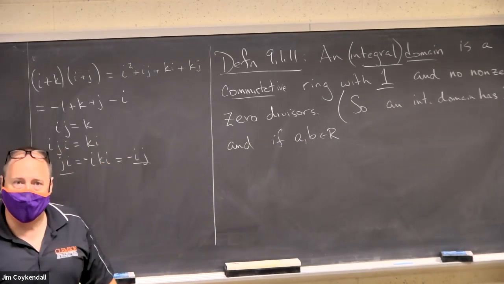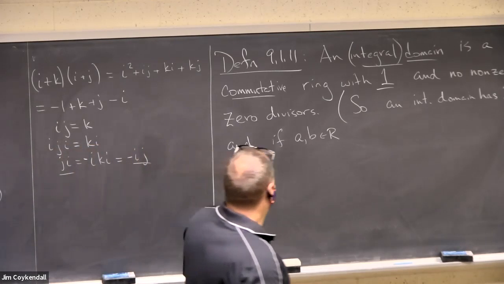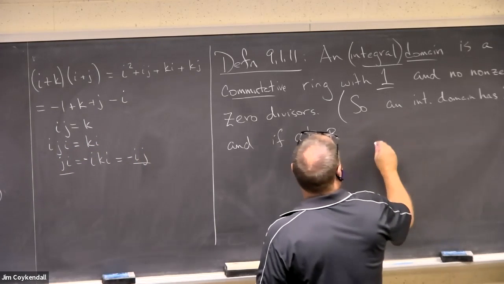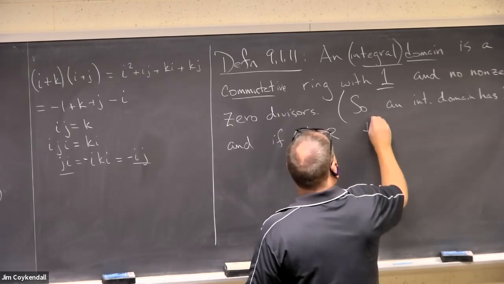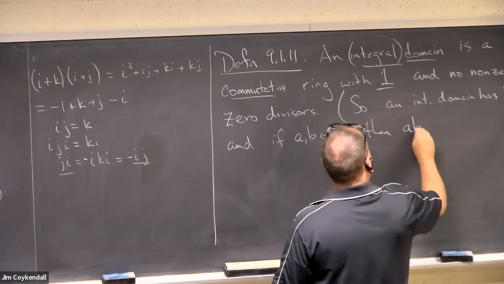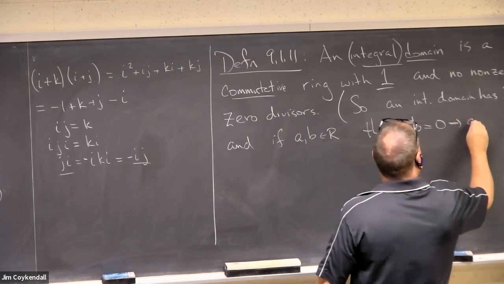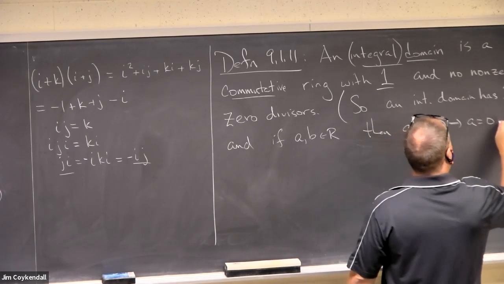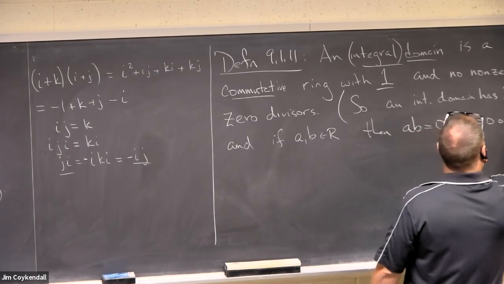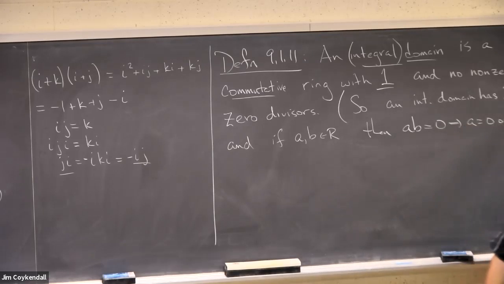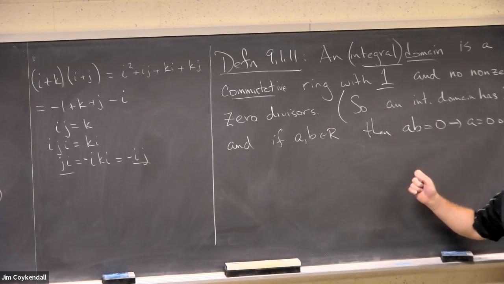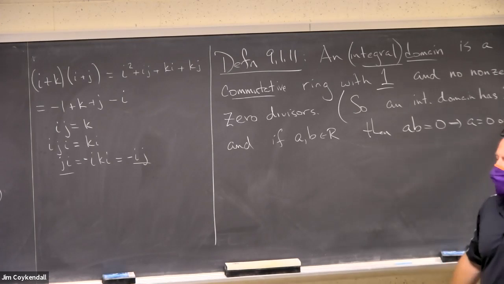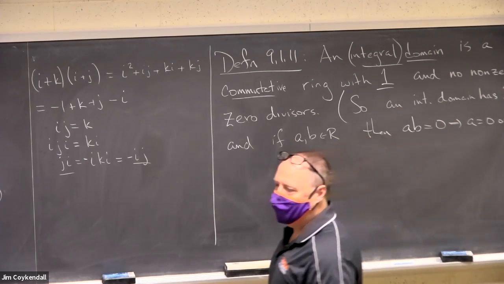Here's why integral domain should be your safe little happy place. Integral domains are where you have the old familiar multiplication. If the product of two things is zero, then one of those things has to be zero.